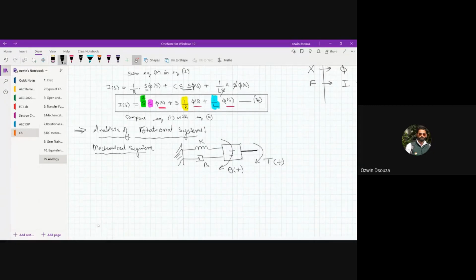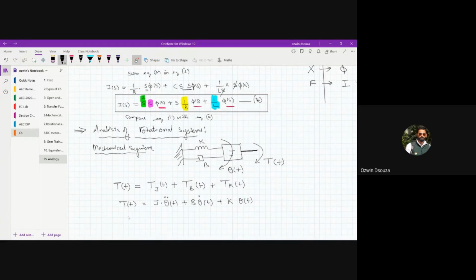Okay. And for this particular mechanical system, you can write down the time domain torque equation. So applied torque T of t is equal to torque consumed by the element J, so Tj of t, plus the frictional element Tb of t, plus the spring element Tk of t. So T of t is equal to J times theta double dot of t plus B times theta single dot of t plus K into theta of t.